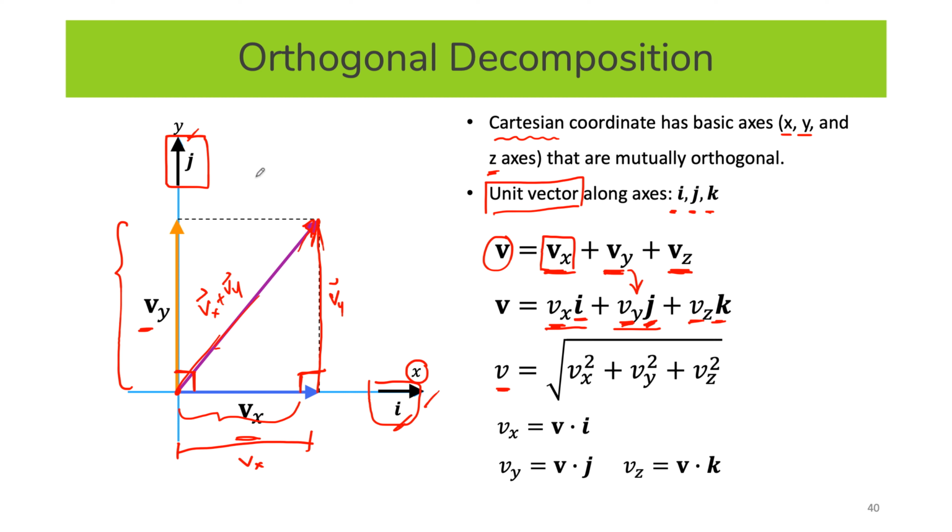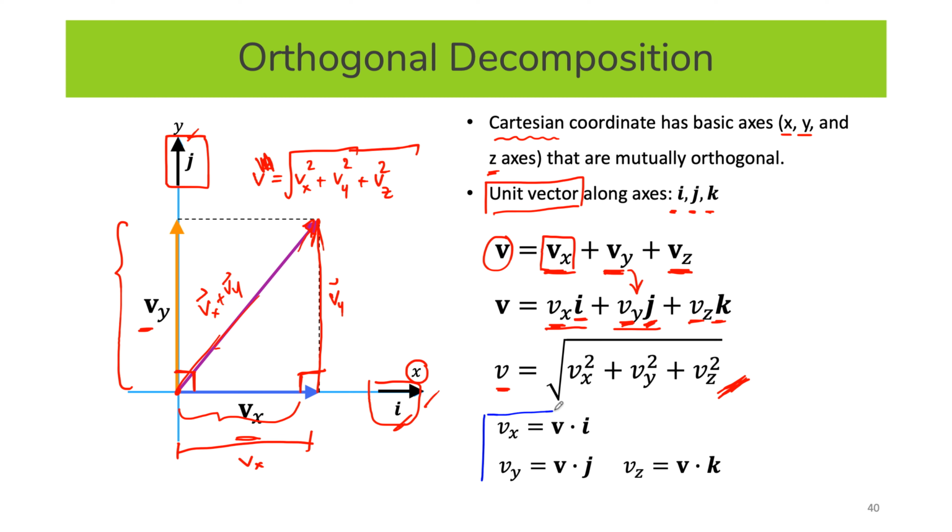So in the two-dimensional case, the magnitude of v equals the square root of vx squared plus vy squared. And if I have vz, I'm going to have to add the magnitude of the z component as well. And therefore, the magnitude of the vector v is going to be in this form.